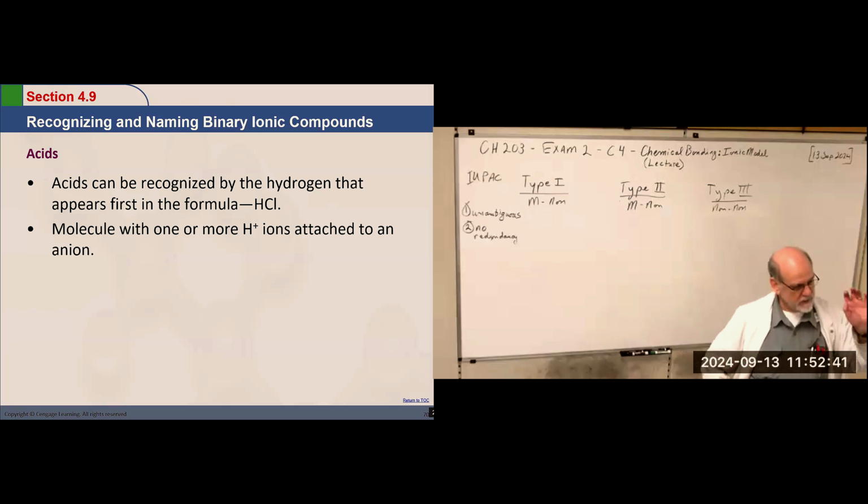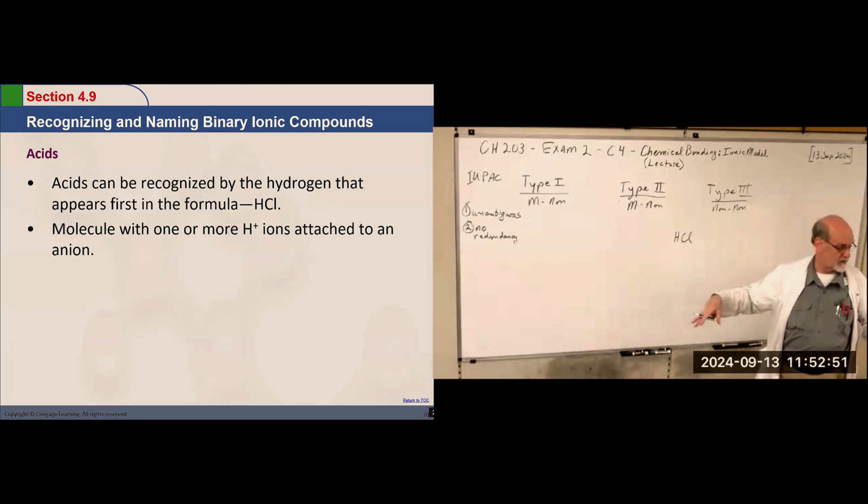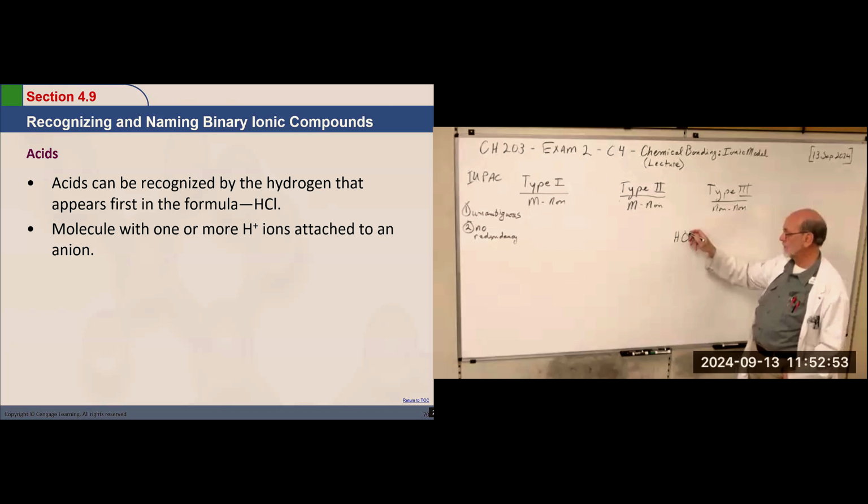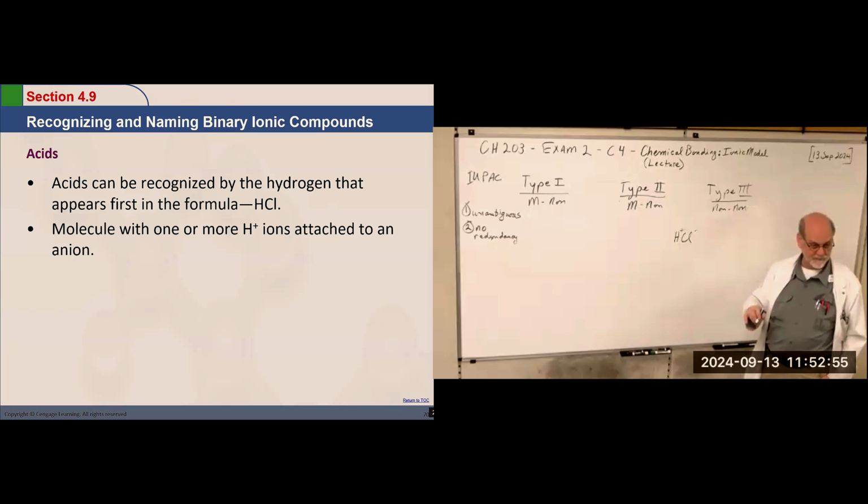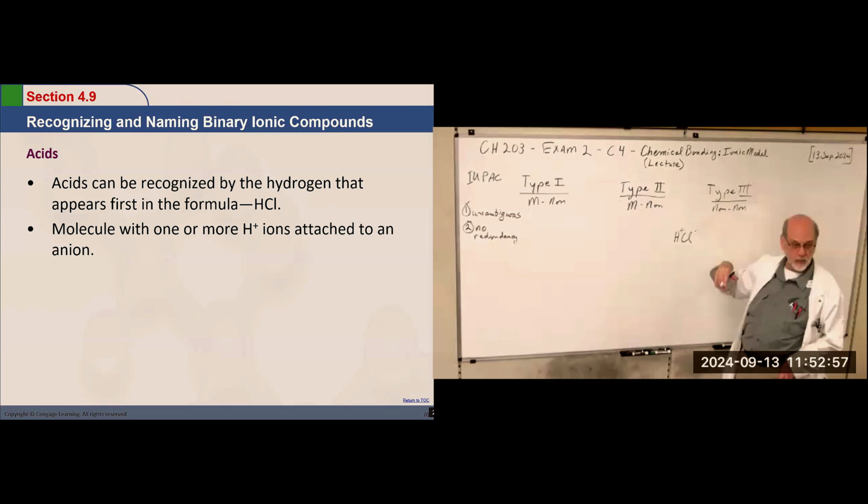Now, if you have a compound, say HCl, if we name that here, hydrogen is a fixed charge. It's first, so it's going to be a +1 and a -1. So we name it like the type 1 convention. We say hydrogen chloride.